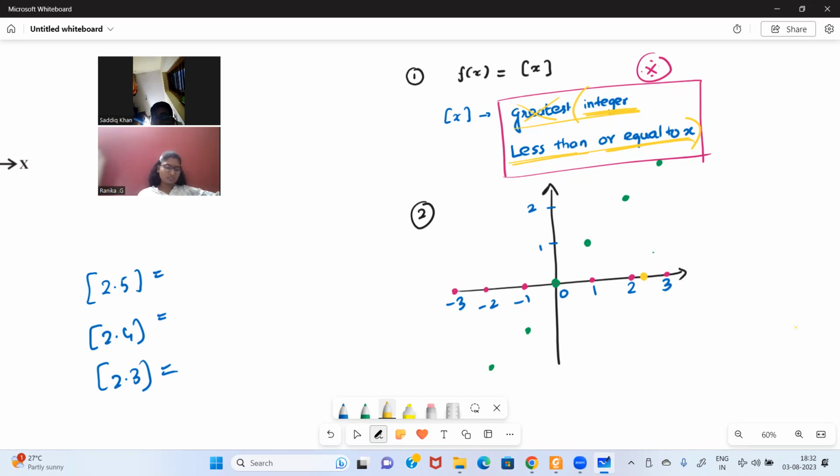All integers less than this number 2.3. 2, 1, 0, minus... Exactly. All of these, right, Evelyn? Yes, sir. Among all of them, which is the greatest integer? 2, sir. That's why it is 2. Yes, sir. Got it. Very good. Now, Evelyn, tell me, what is it for 2.5?